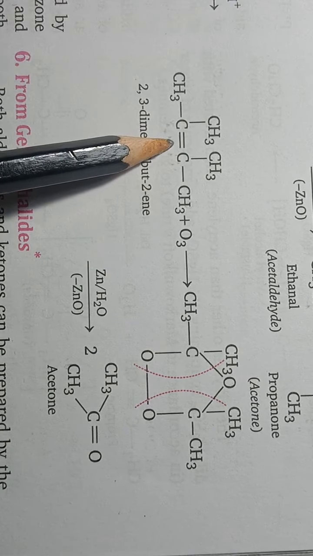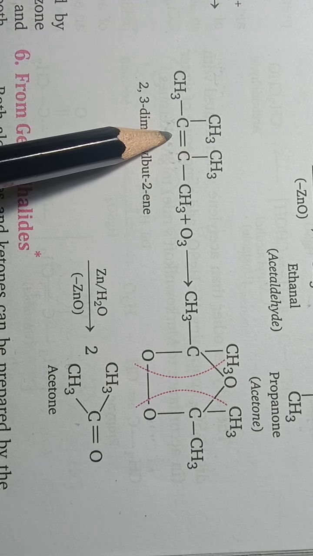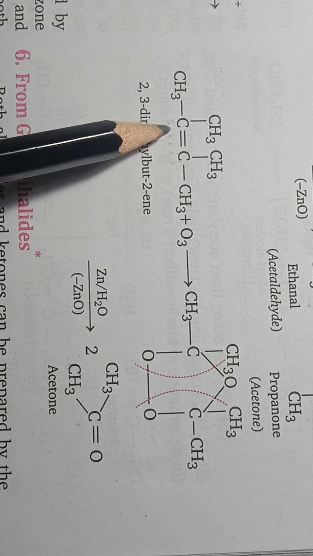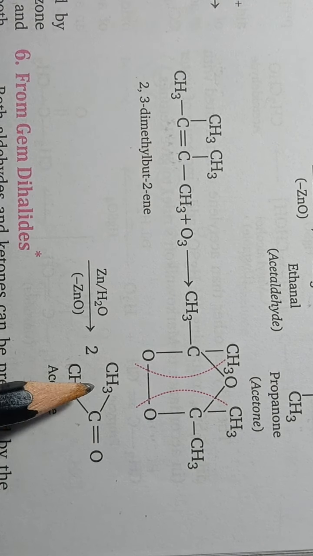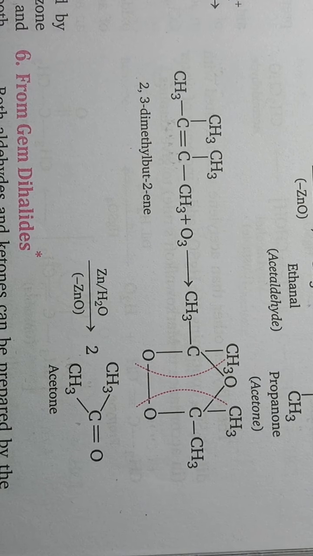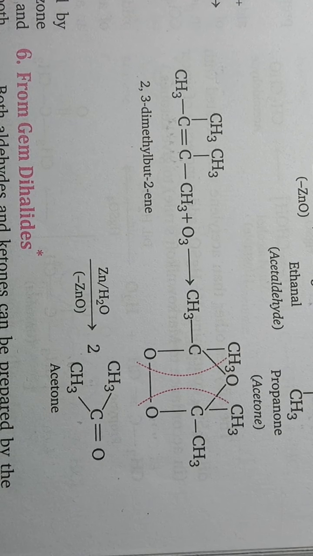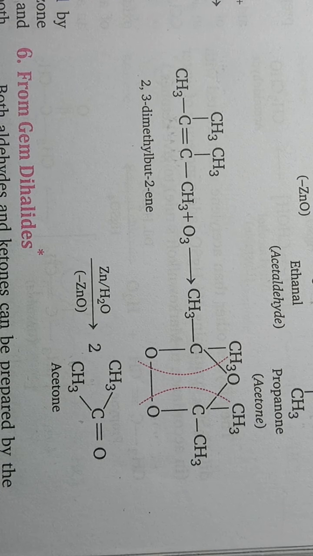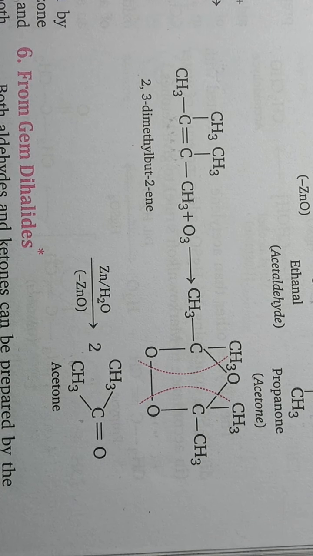And if it is an unsymmetrical fully substituted alkene, unsymmetrical meaning different chains are attached with the doubly bonded carbon atoms, then you will get a mixture of ketones. Okay students, so these are very good reactions for the preparation of aldehydes and ketones, and especially very important in the light of conversions. Thank you.